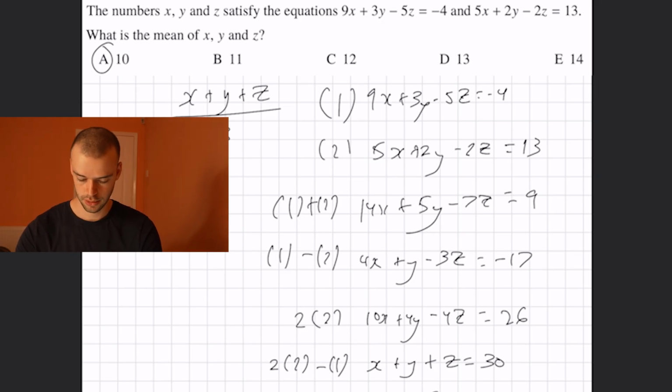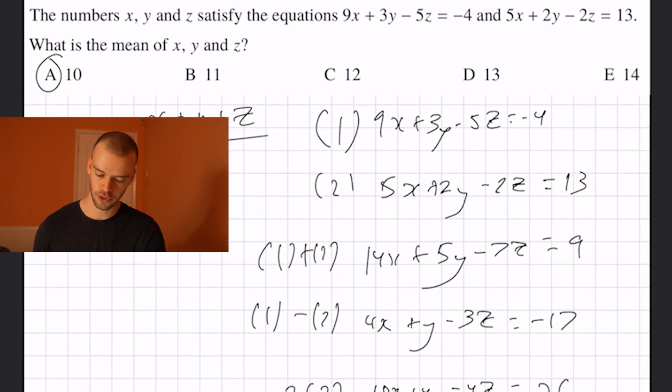Okay, so the key thing there was, how would we add and subtract these equations together in order to get x plus y plus z? And I sort of did it by trial and error. I guess the key thing is, if you look back at these equations and look at the coefficients, if you multiply each one by 2, you get a number that is 1 more than the coefficients here.